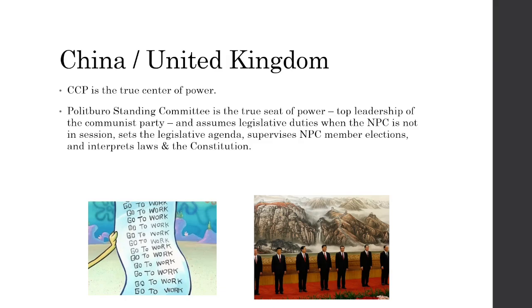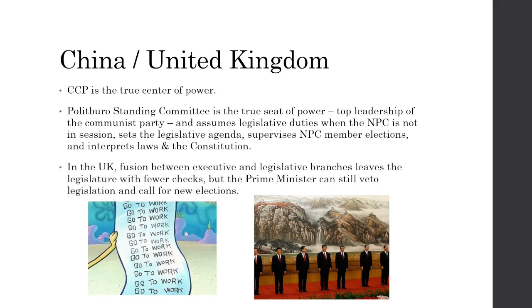They'll assume legislative duties for 50 weeks out of the year when the NPC is not in session, so they're the true legislator. They'll even set the legislative agenda, and they'll supervise NPC member elections. So the NPC is just kind of a small little baby to them. They'll also, quote unquote, interpret laws and the Constitution, the Constitution that they don't really follow that well.